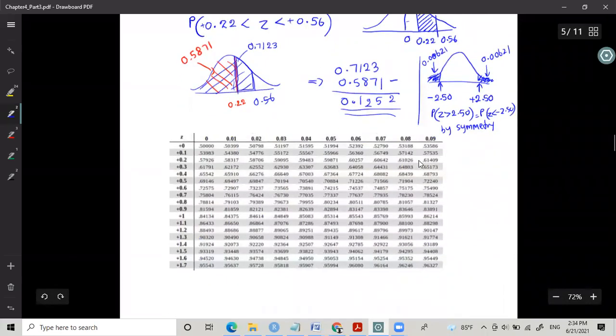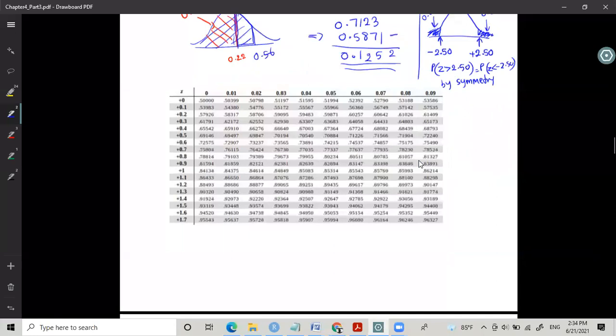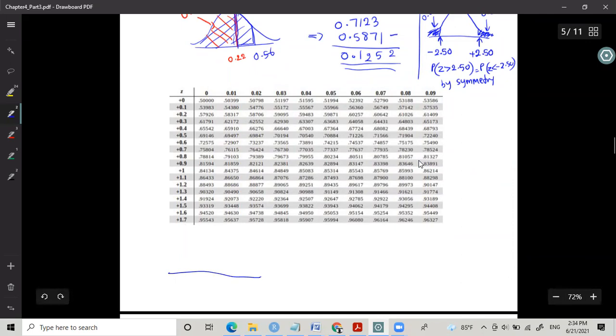Okay, and let's do proper examples later, but here's something else. You can do the reverse also. What does that mean? If you know the probability of the area, you can find the z-score. That is the reverse. Okay, so here's an example.